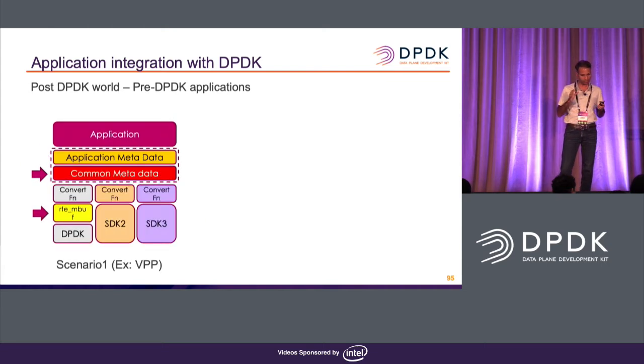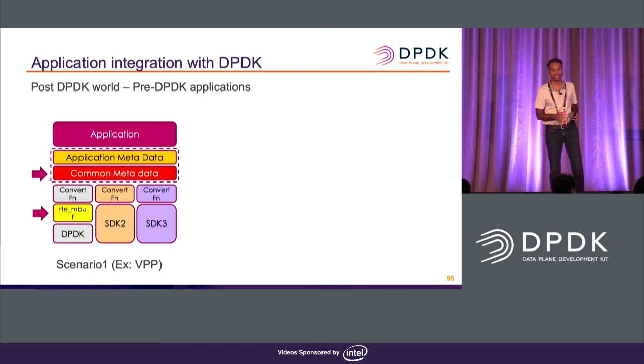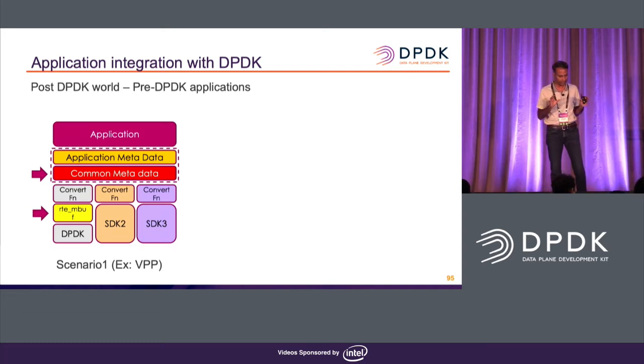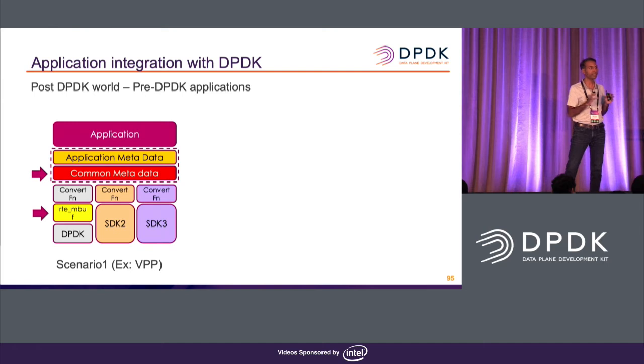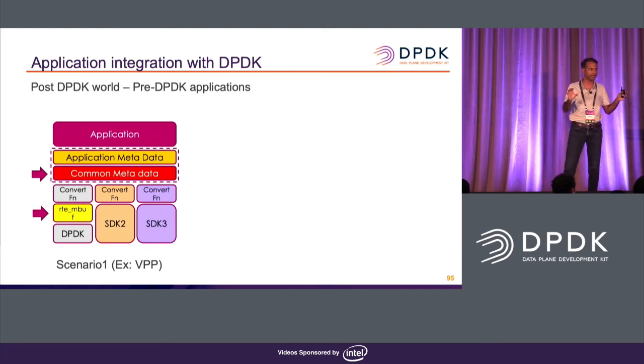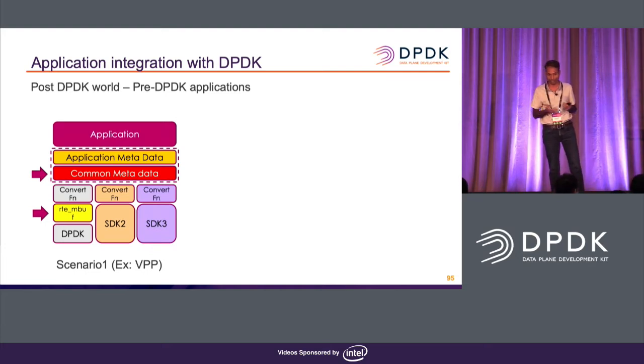Now, going back to those pre-DPDK applications, they have integrated DPDK, but how have they done it? I think there are two scenarios here. In the first scenario, they have treated DPDK as another SDK. They still maintain their common metadata and their application metadata, and they might have several reasons. Their whole stack was written for this common metadata that they created, and they are not in a position to change all their stack code.